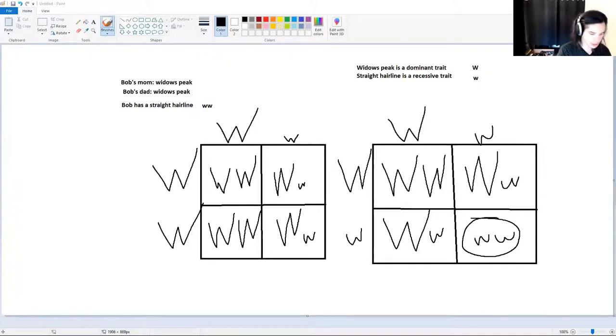It's important to know that Mendel tried and succeeded at disproving irreversible blending theory. They'll try to succeed at disproving irreversible blending theory.